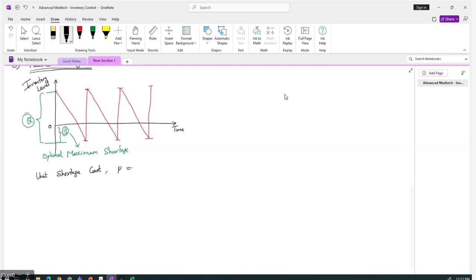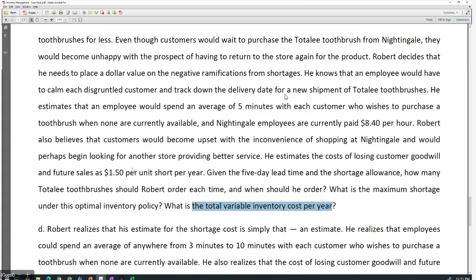Okay. Now, in this case, if you look at the scenario, the shortage has cost us two components. What are they? Shortage cost has two components. Sales loss, future sales loss.